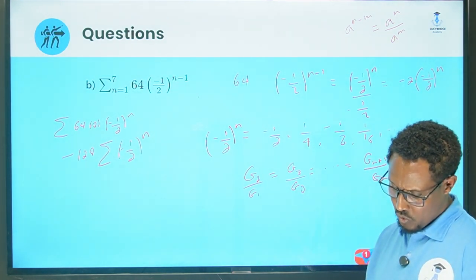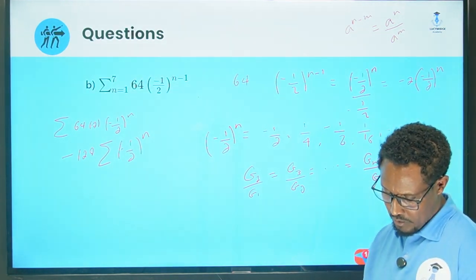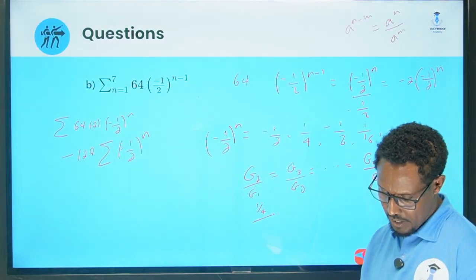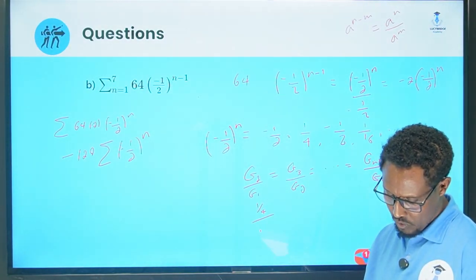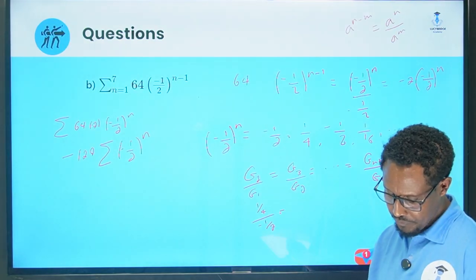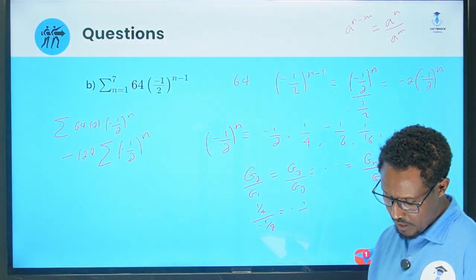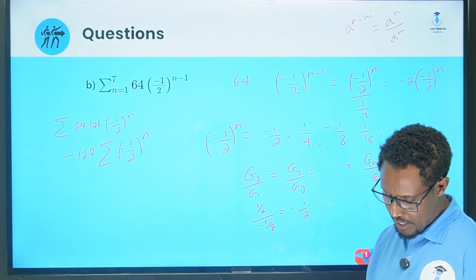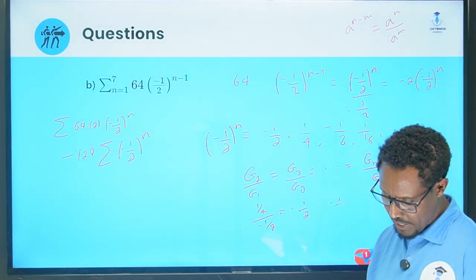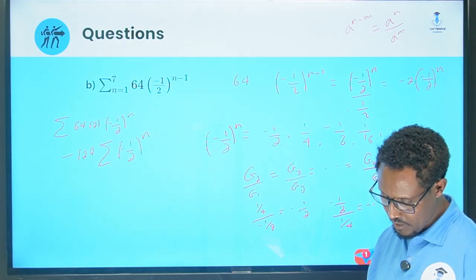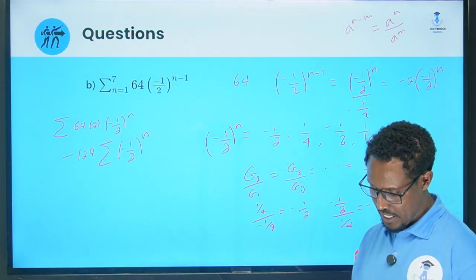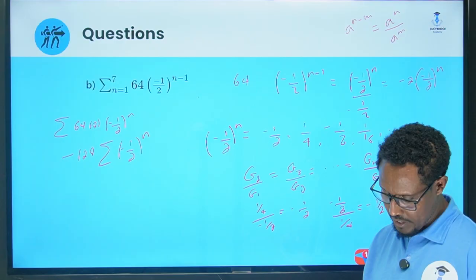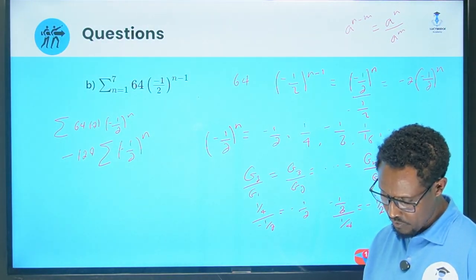1 over 4 over -1 over 2 means minus 1 over 2, okay? Again, minus 1 over 8 over 1 over 4 is minus 1 over 2. Again, 1 over 16 over minus 1 over 8 is minus 1 over 2.